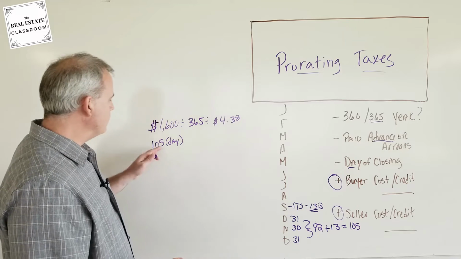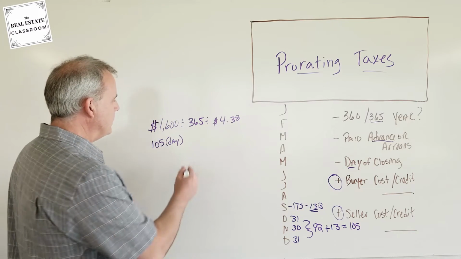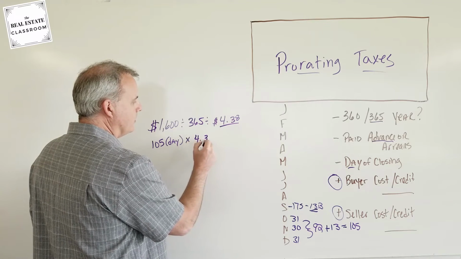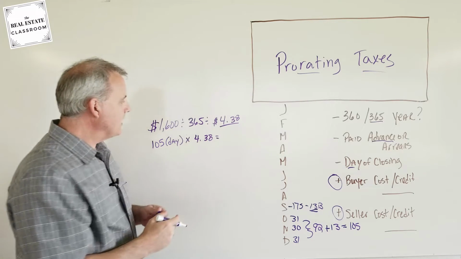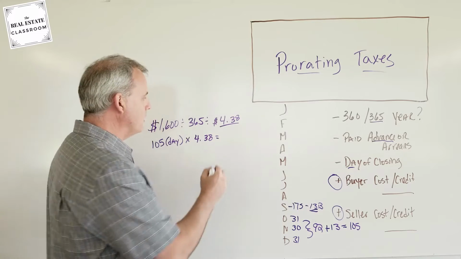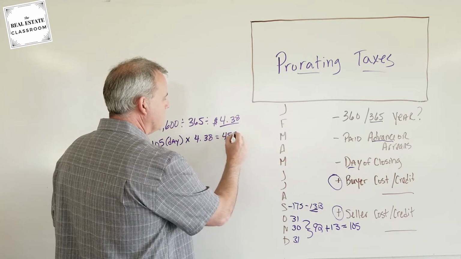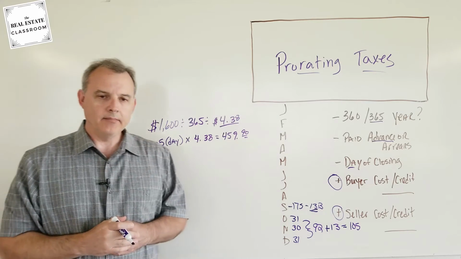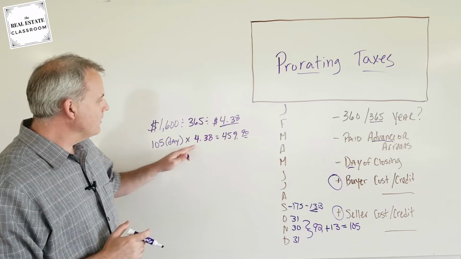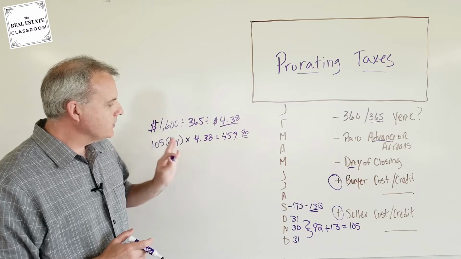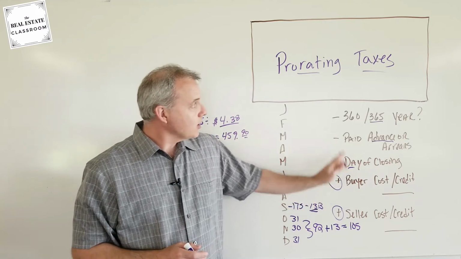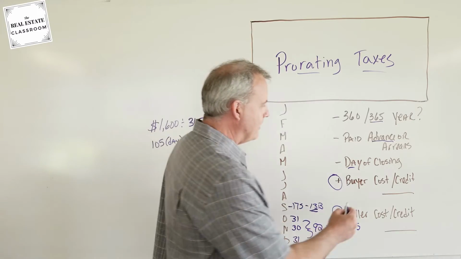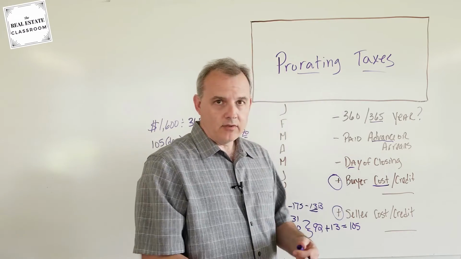All right, so we take the number of days, 105 days, and we multiply that by our per diem rate of $4.38. And that gives us a grand total of $459.90, if I've done the math correctly, and I believe that I have. So the answer to our question here is the buyer is going to have a cost or a debit.